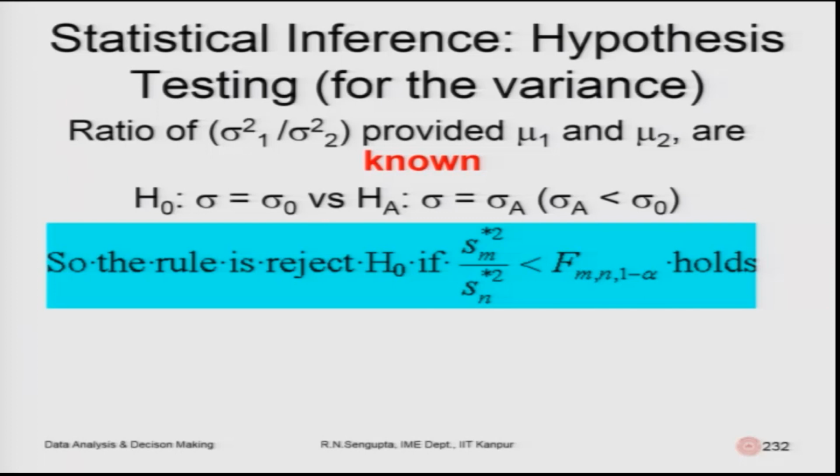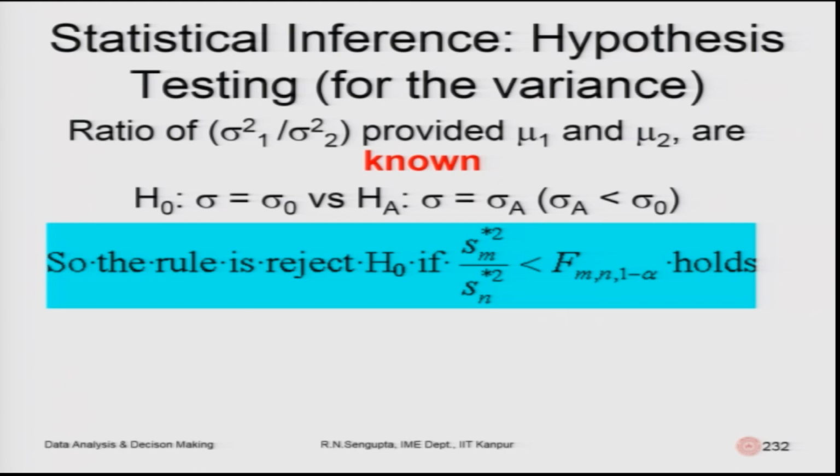So, we want to find out some relationship between the ratio of sigma 1 square to sigma 2 square, provided in case 1 mu 1, mu 2 known and in case 2 mu 1, mu 2 unknown. So, this is the statistical inference, hypothesis testing for the variance, and the ratio is basically, as I said, sigma 1 square divided by sigma 2 square, provided mu 1 and mu 2 are known.